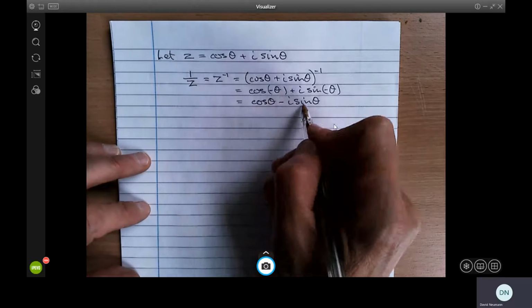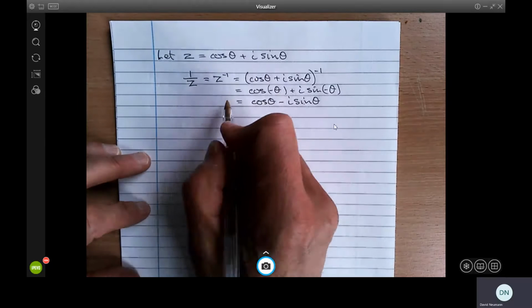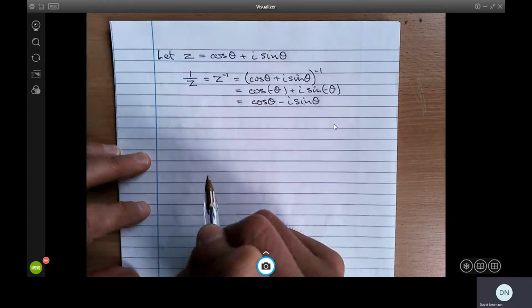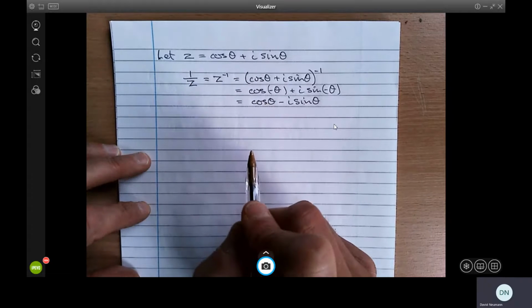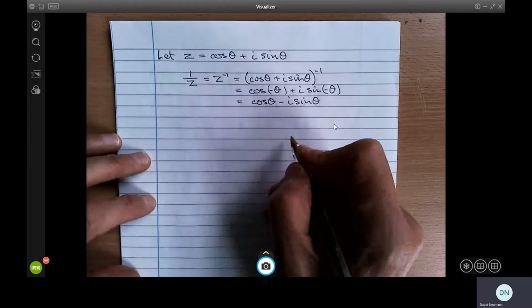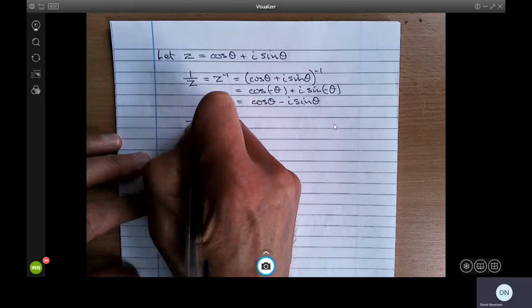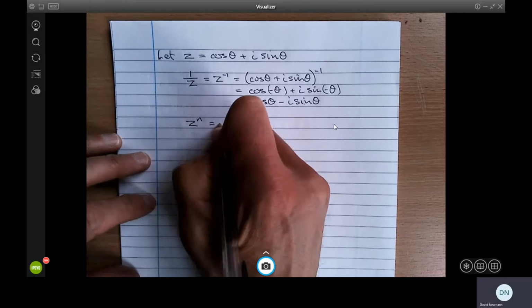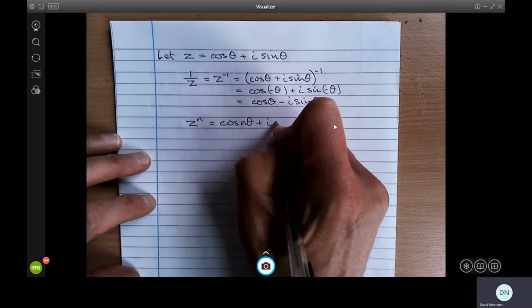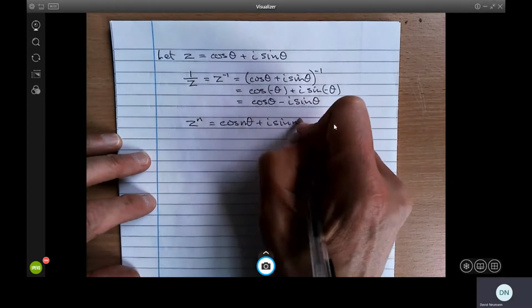It is important to remember this. You don't need to derive this. You can just write down 1 over Z is equal to cos theta minus i sine theta, but it doesn't do any harm to see it again. We've also got Z to the power of n is equal to cos(n theta) plus i sine(n theta).